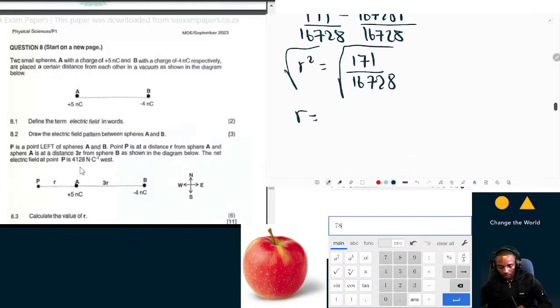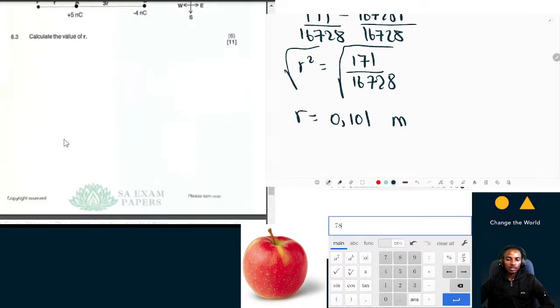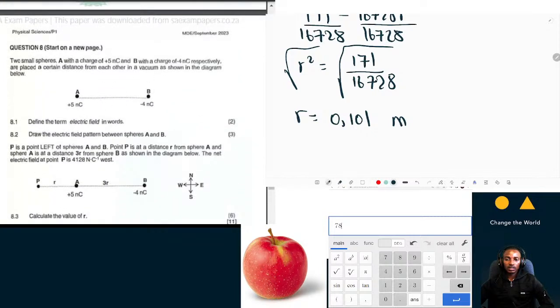Therefore, R should be equal to the square root of 171 over 16728, which is equal to 0.101 meters. Then we are done. So that's it.